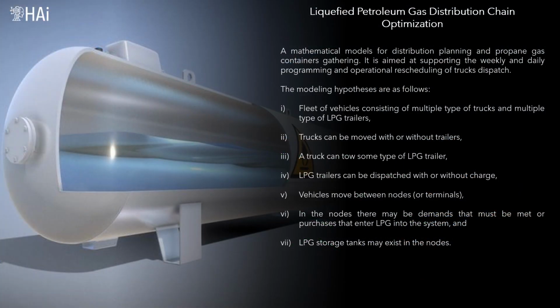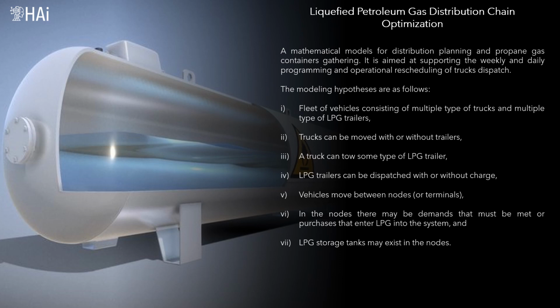Liquefied petroleum gas distribution chain optimization. A mathematical model for distribution planning and propane gas container gathering. It is aimed at supporting the weekly and daily programming and operational rescheduling of truck dispatch. The modeling hypotheses are as follows. A fleet of vehicles consisting of multiple types of trucks and multiple types of LPG trailers.